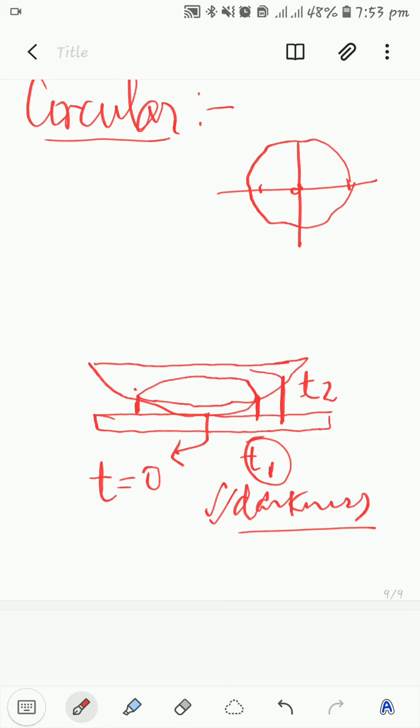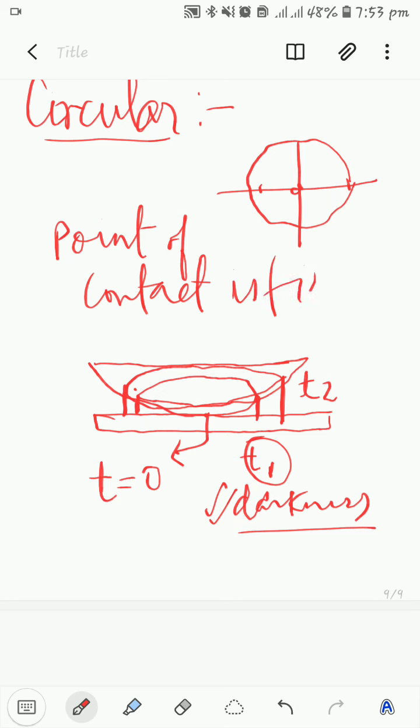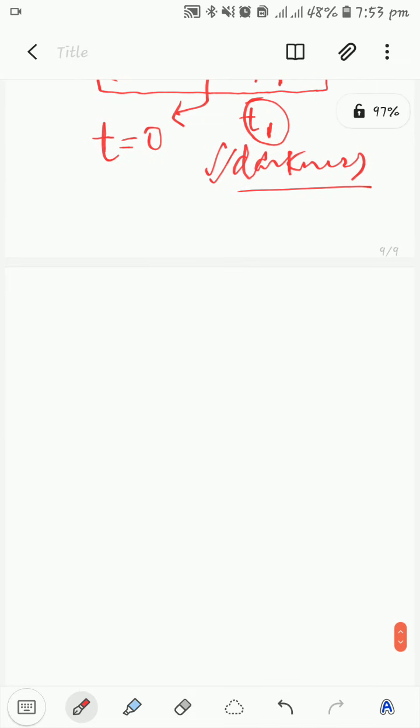The next dark fringe, at thickness t2, will occur throughout the circular locus as well. So the fringes are circular because the point of contact is fixed and the locus from the point of contact is the locus of a circle. That is why we get circular fringes like this. This is the central fringe.